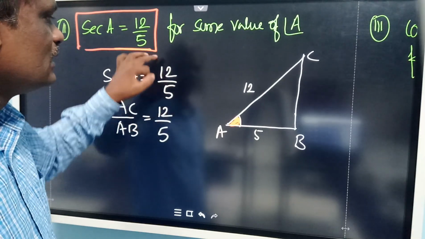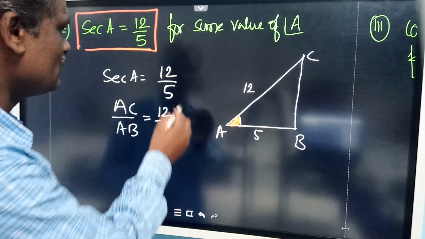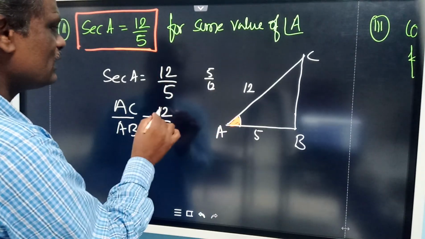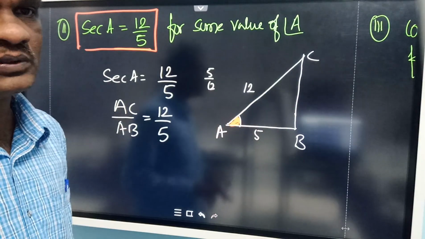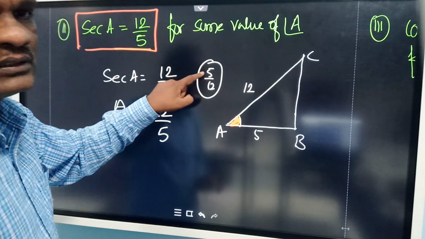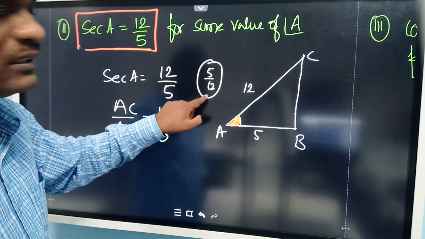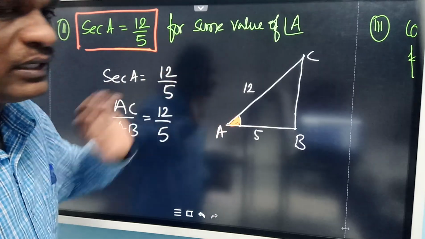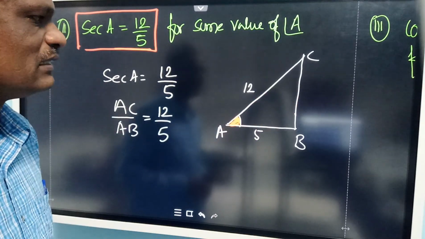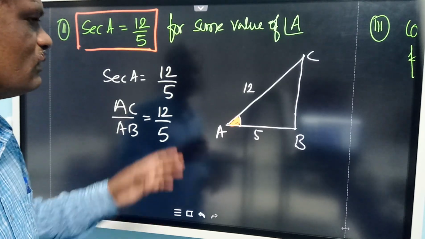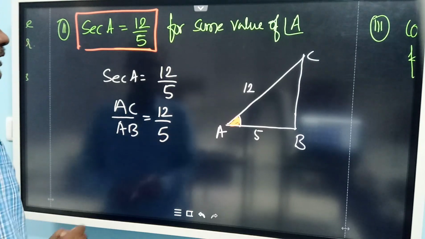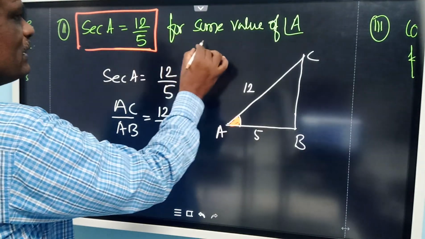Had it been reversed, 5 by 12, you cannot accept that one, because the hypotenuse cannot be smaller than the other sides. Even if you find the other side BC using Pythagoras theorem, you will get a value smaller than 12. So this is possible. Therefore this statement is true.